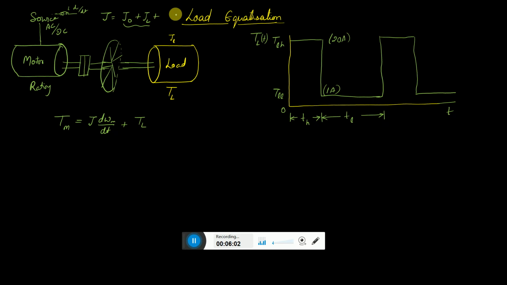Now we are adding a flywheel, that is JW. So here we have the motor torque equal to the dynamic torque plus the load torque. This dynamic torque, J d omega by dt, is what we are going to use.